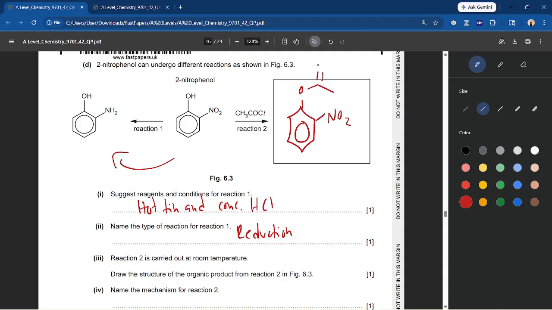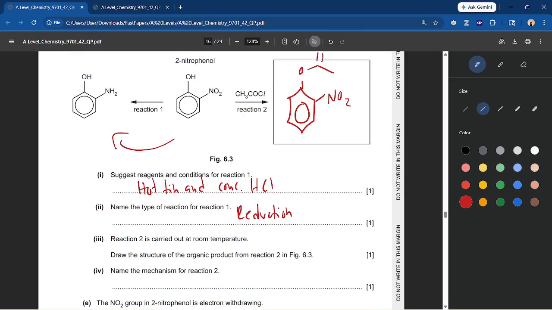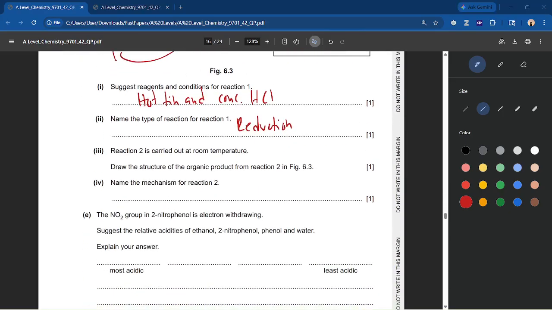Try and keep it within the box during your examination. There we go. Name the mechanism for reaction 2. So this is nucleophilic addition elimination.